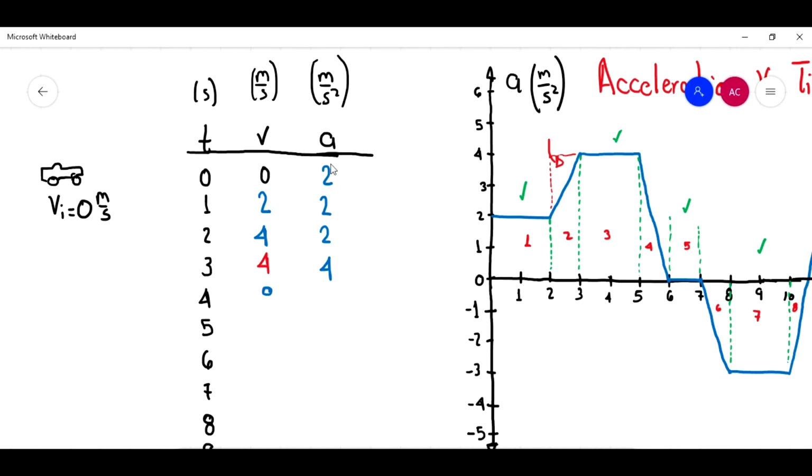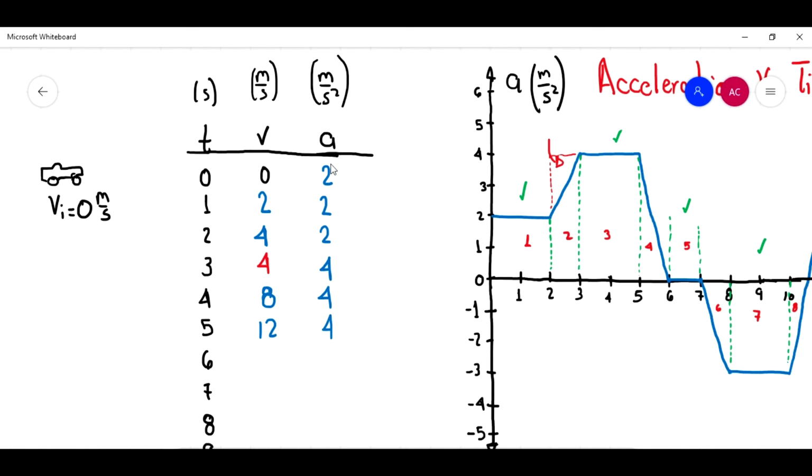So that one is going to be 8 meters per second. In the 4th second, the acceleration is the same, so the velocity here is going to be 12. In the 5th second, the acceleration is 4, exactly the same.